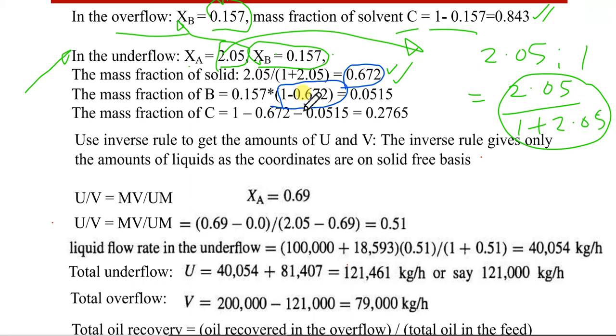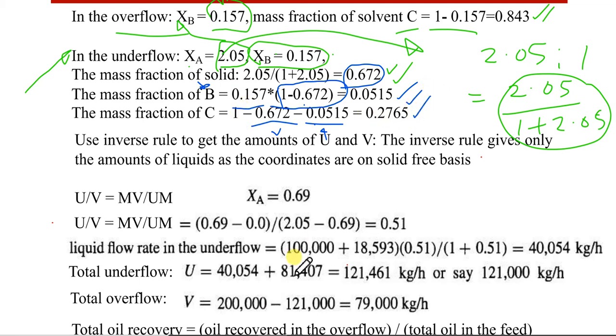Then in the liquid the fraction of B is 0.157. So we multiply with this and get the total mass fraction of B. Now the mass fraction of C: you have A, the solid, you have B, the solute, and then total 1 minus these.